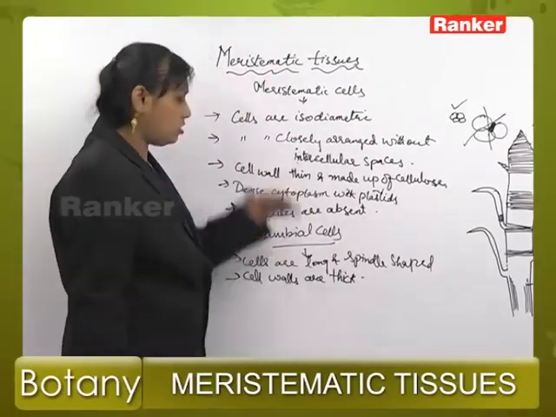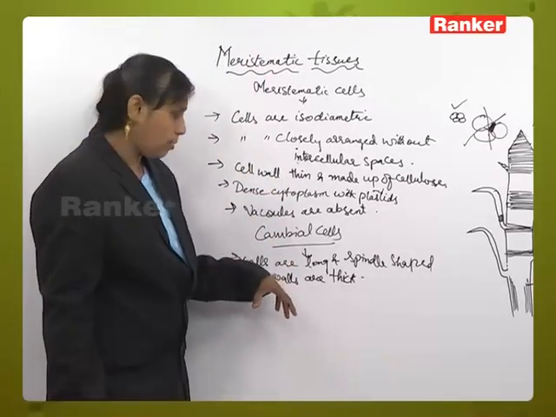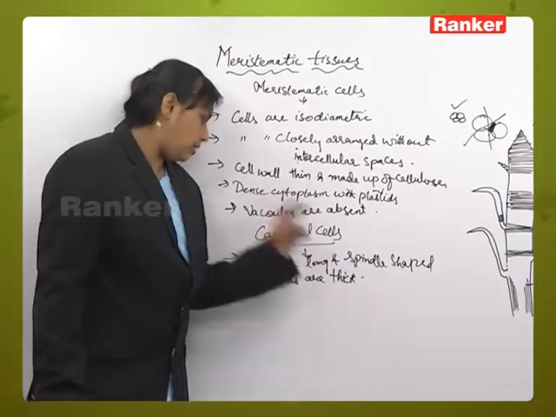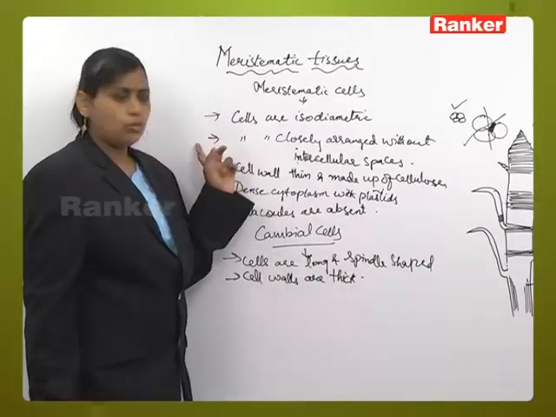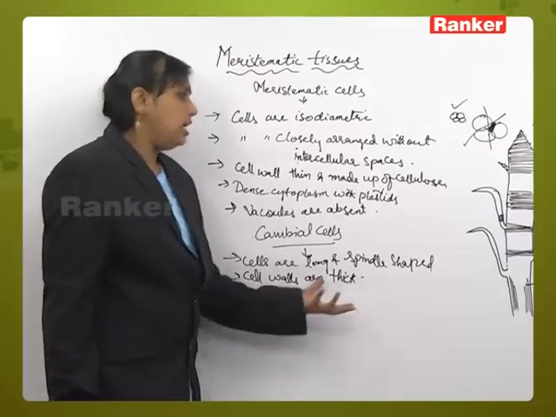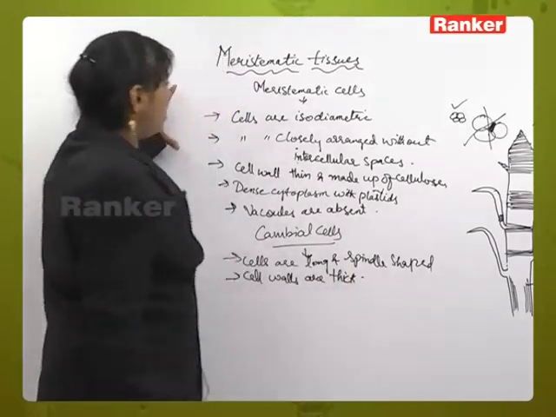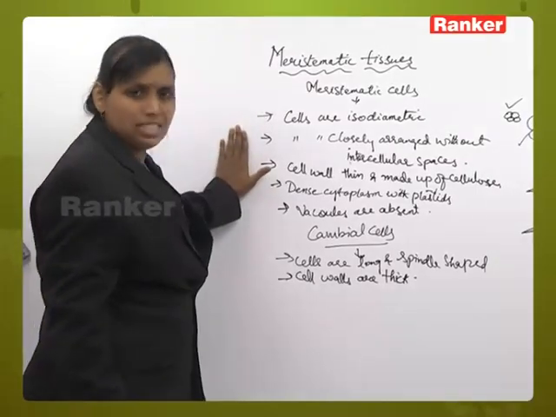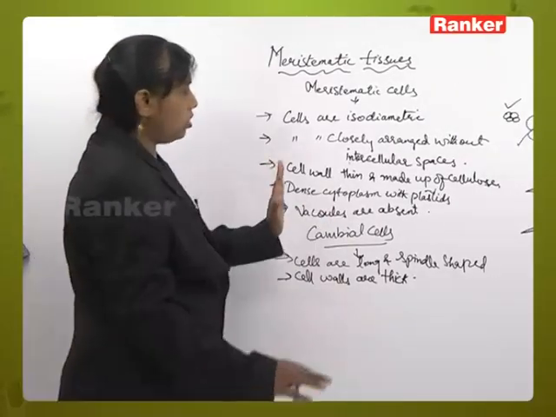So we can say it also has some meristematic tissue capacity, but the variation is that these are much longer and spindle shaped when compared to normal meristematic cells, and these cell walls are thicker.